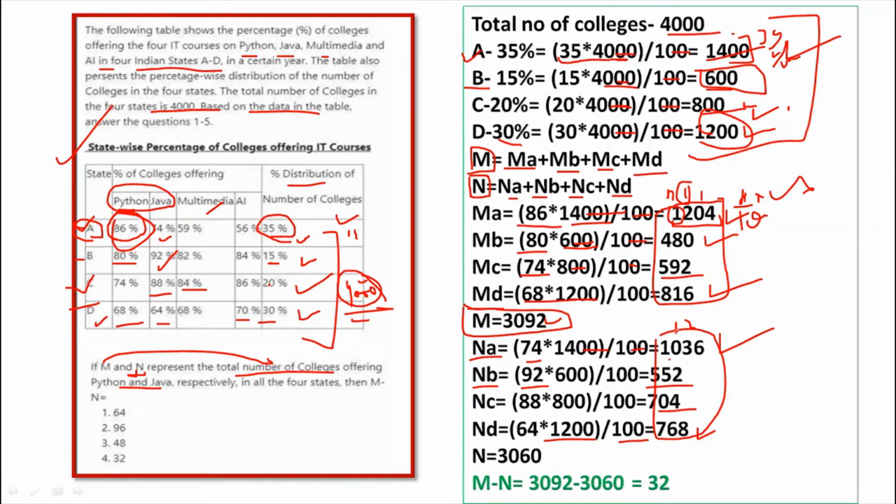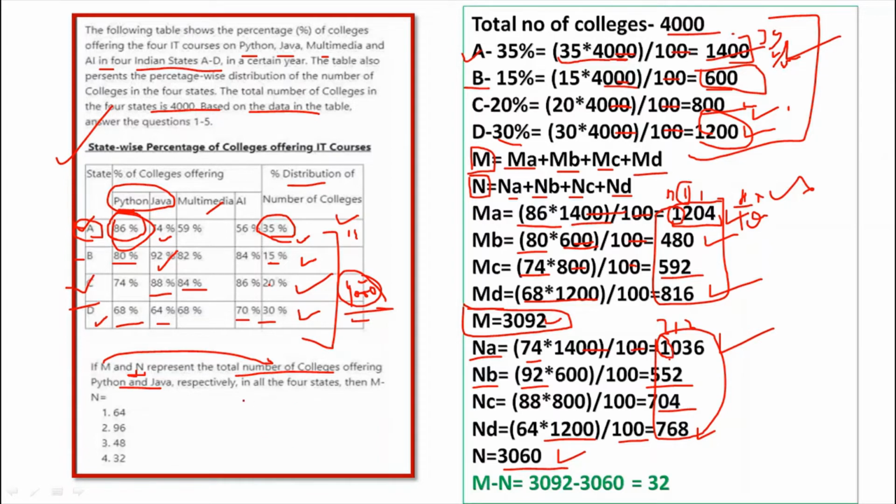So at the 100 position we have 1 balance, 1 plus 5, 6, and 6 plus 7, 13, 13 plus 7, 20. Again left with 2 balance, and 2 plus 1, at 1000 we only have one number, so 2 plus 1, 3. So 3060 is the sum of total number of colleges offering Java.